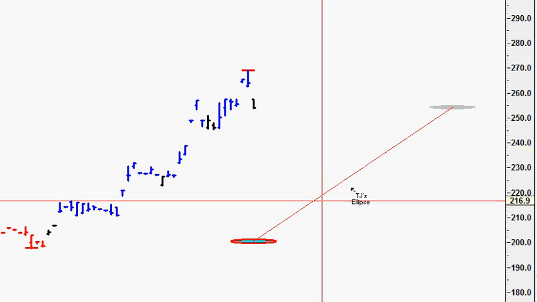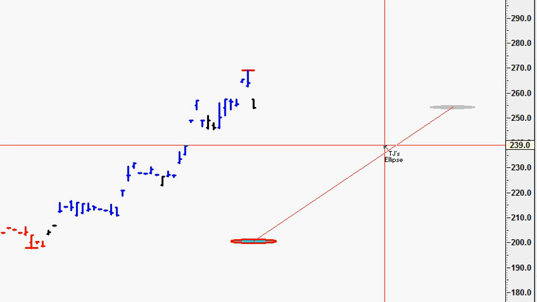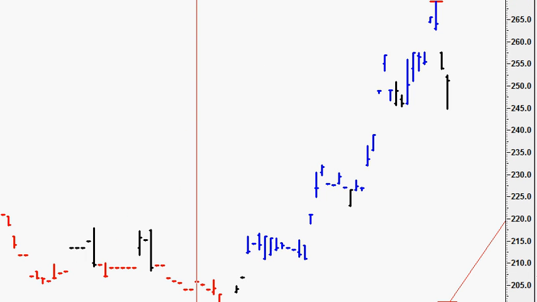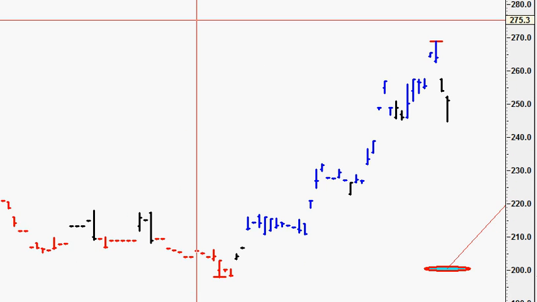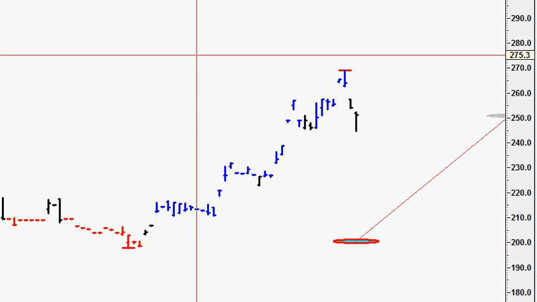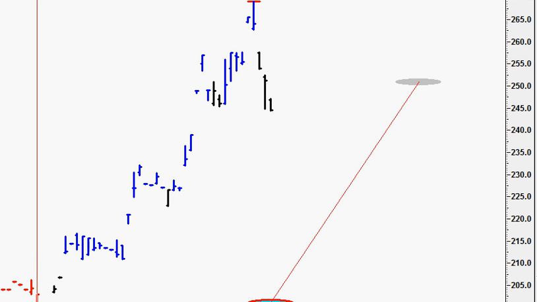When it looks like this, it means it's just starting to work. And then as the market goes forward, it'll close in on the price, and this data moves apart for some reason. It's going to do that every time.